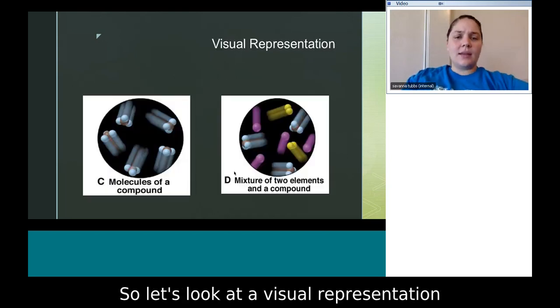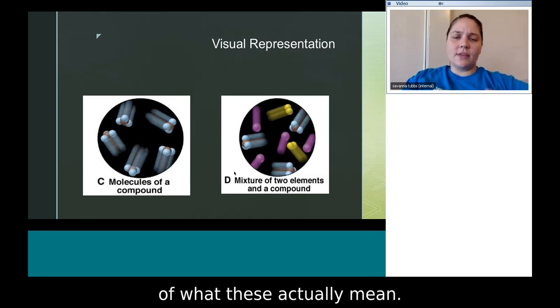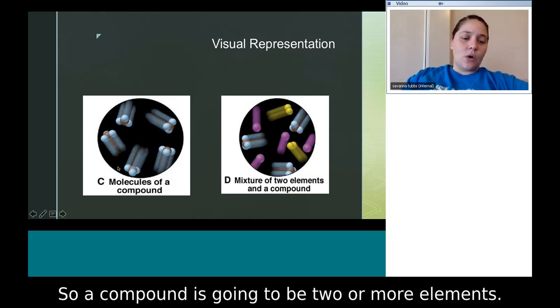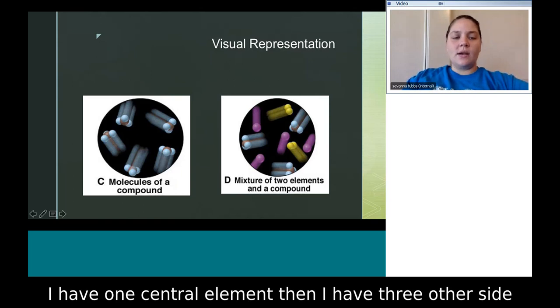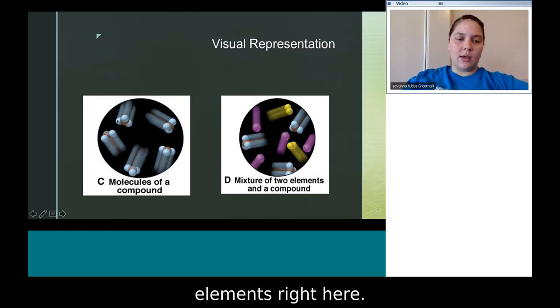So let's look at a visual representation of what these actually mean. A compound is going to be two or more elements. In this particular example, I have one central element, and then I have three other side elements right here.